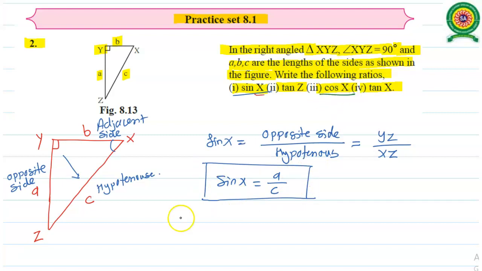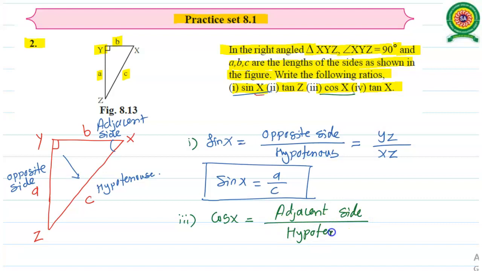Now to evaluate the next ratio, cos of x, we have the basic formulation for evaluating the value of the cosine of an angle, that is adjacent side upon hypotenuse. So look at the triangle, which is the adjacent side with respect to angle x?